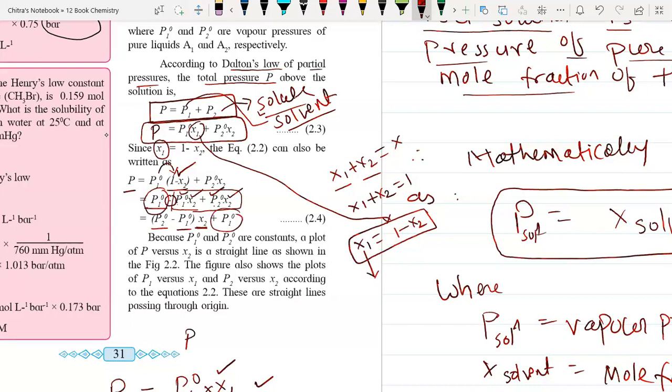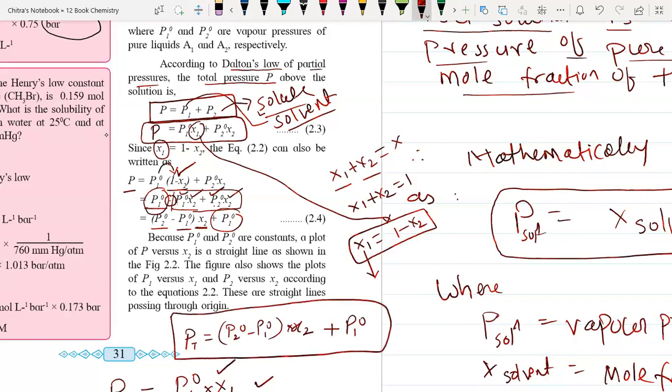Finally, P total, or you can write only P, equals to P20 minus P10 into x2, where x2 is the mole fraction of solute, plus P10. So this is the formula we can use for calculating vapor pressure of solution.